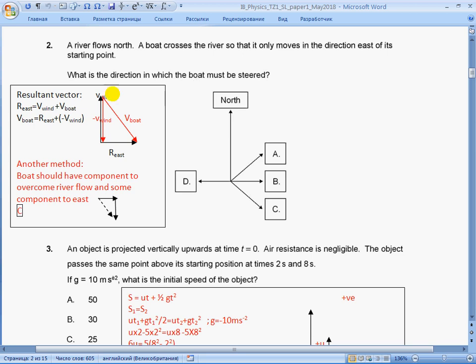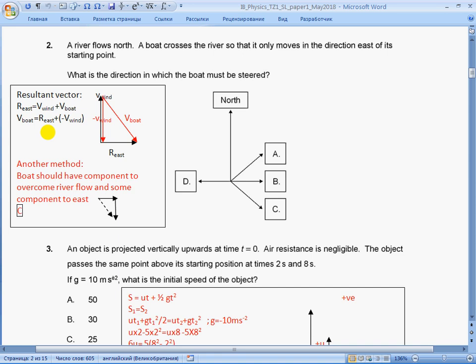A straightforward, very accurate method is to consider the resultant vector. The resultant vector is to the east, and it is the result of the wind, or river, and of the boat. So to find the boat, we rearrange: r east minus v wind, or plus minus v wind.